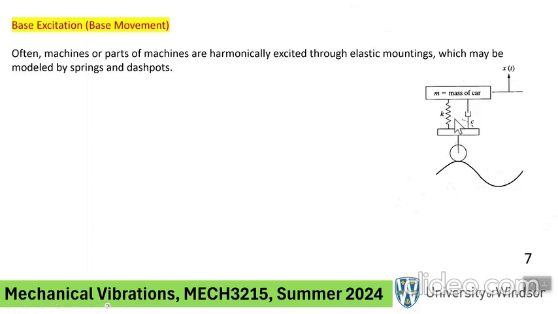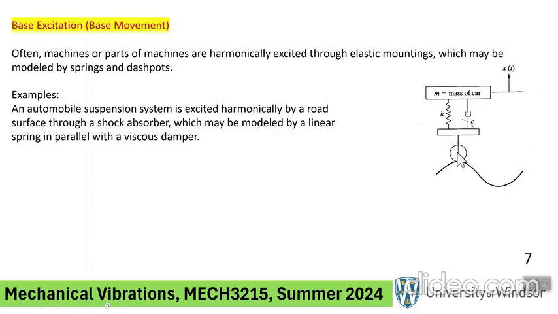This base going up and down, you can view this thing, for example, as a suspension of a car going over a bumpy road, okay? The motion of that base creates a compression or tension of the spring and the damper, and these two, the spring and the damper, indirectly, because of the motion of the base, put a force on the mass.